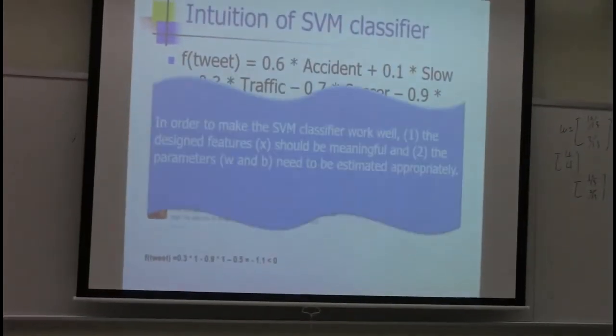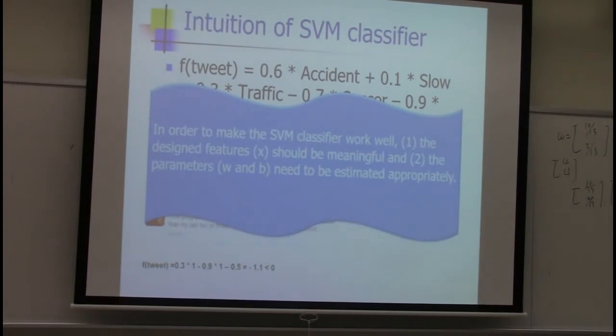The last one, negative. So that's why, in order to make the support vector machine classifier work well, you should have meaningful features. For example, grandfather: is this an important feature? Why would a mention of grandfather give a bigger penalty for the tweet to be positive?